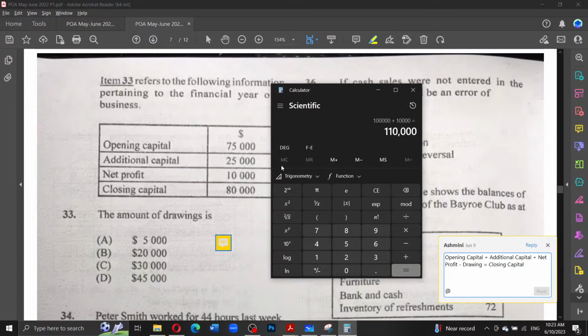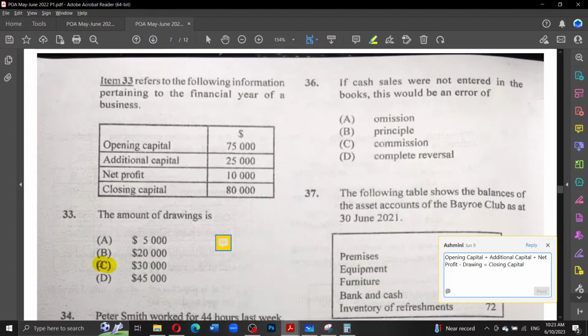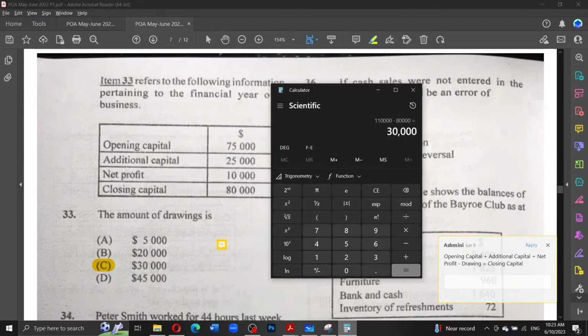So what do we have to subtract from 110,000 to have 80,000? Basically 110,000 minus 80,000 gives you 30,000. So the drawings is actually 30,000. If you substitute that in the formula, we have 110,000 minus 30,000, and that gives you 80,000, which is the closing capital.